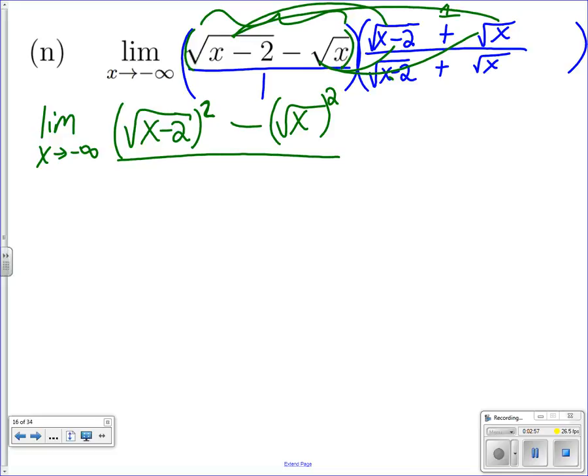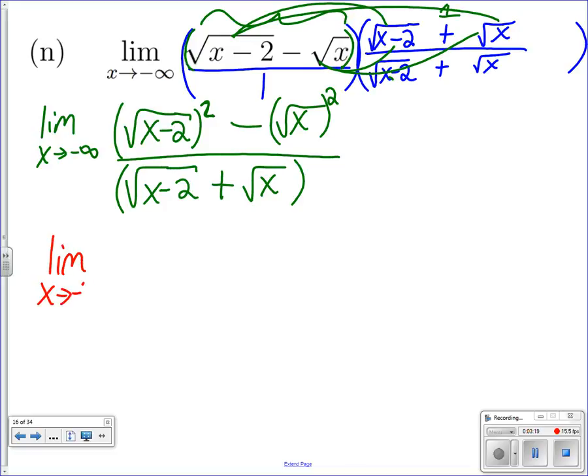On the bottom, we end up with the square root of x minus 2 plus the square root of x. Cleaning this up a little bit, we end up with, as x approaches negative infinity, the square root canceling out with that squared, just because they are inverses of one another.